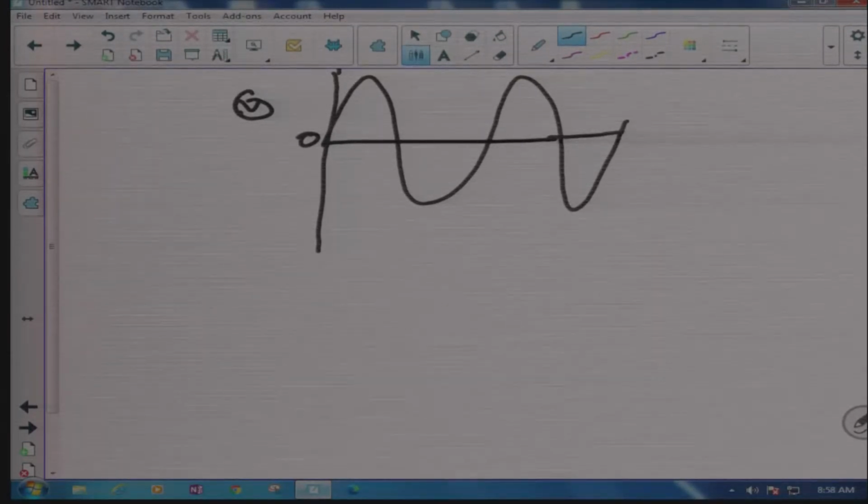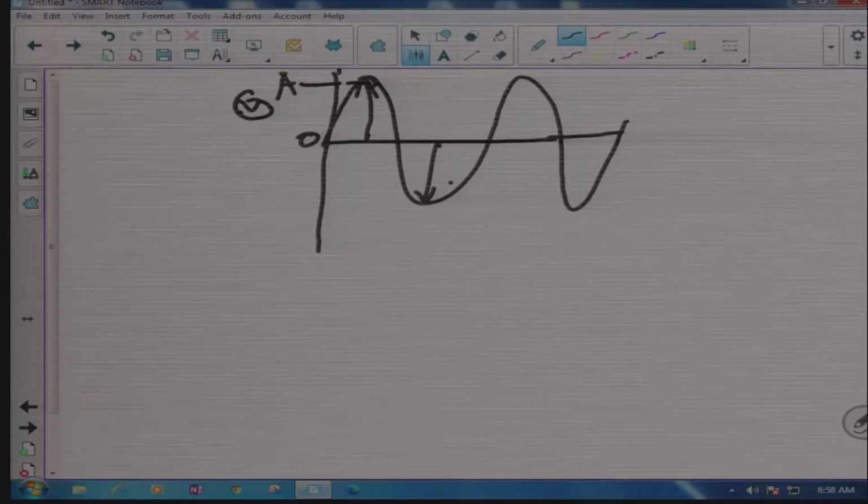I've drawn how many cycles there? 2 cycles. Now, very, very important, it's got this, which is our amplitude. That's our reference point. This part is the positive amplitude, this side is the negative amplitude.